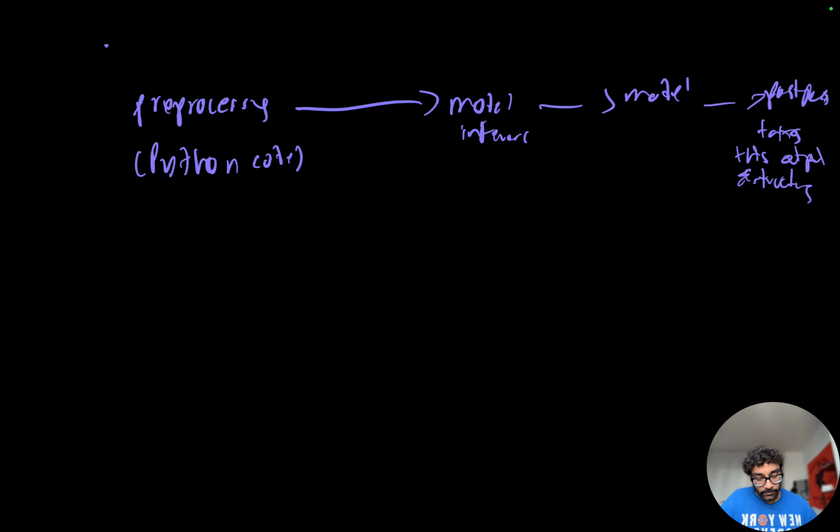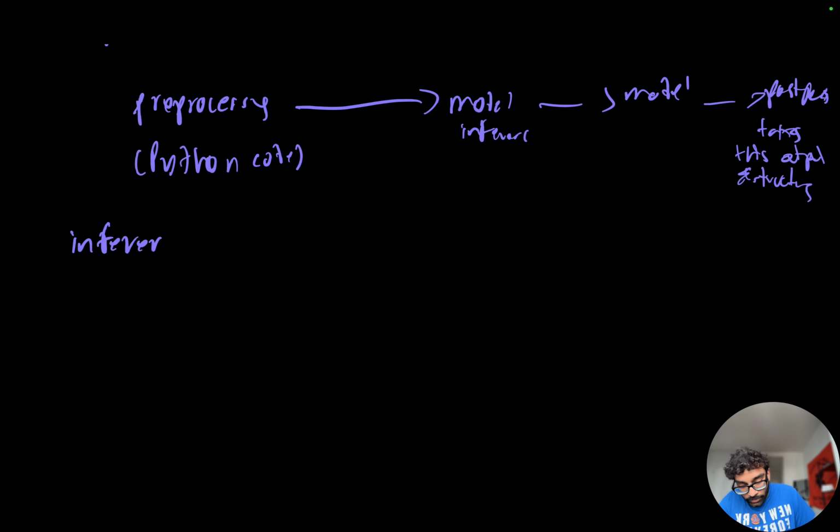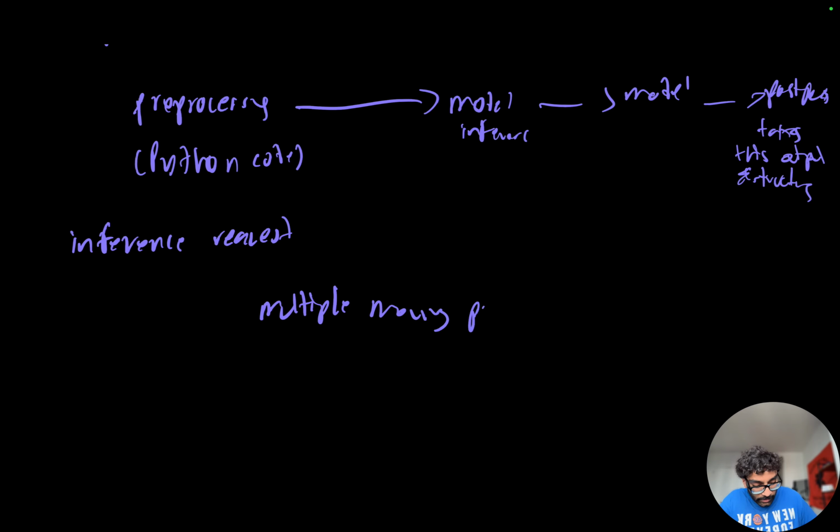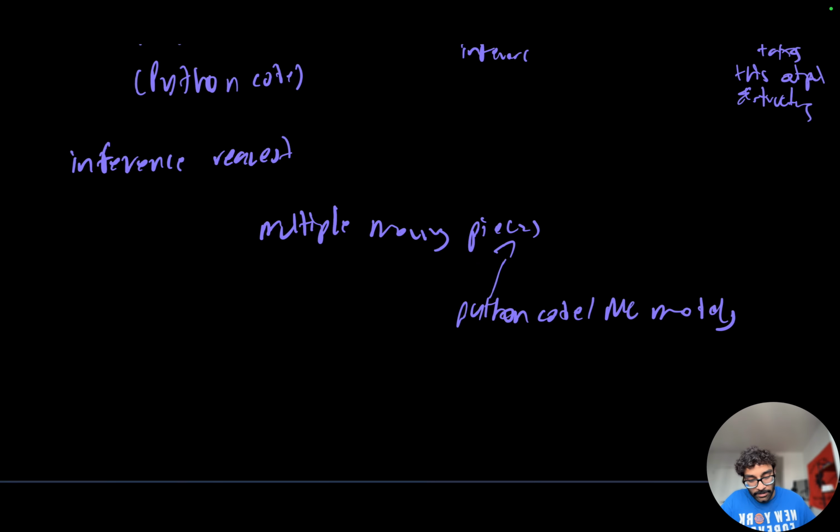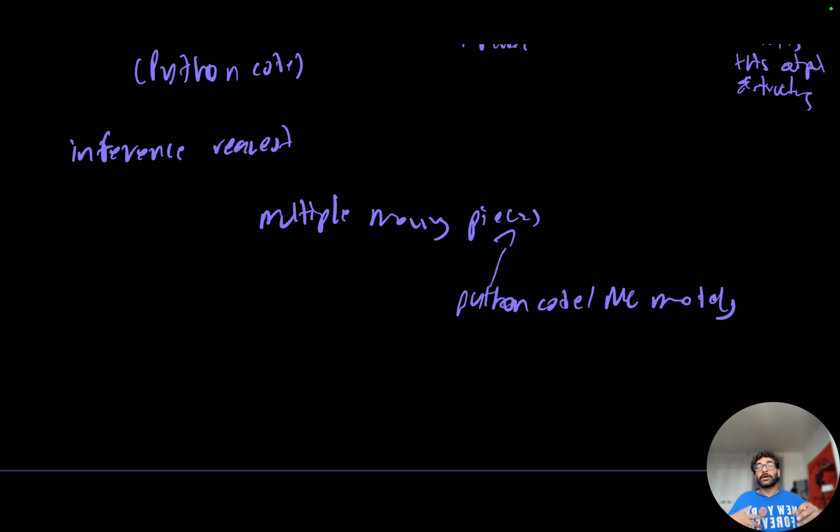So the main essence here, right, is yes, this is technically one inference request, but in reality, there are multiple moving pieces, and these pieces can be both Python code or various ML models working together. So we have these independent units that compose this singular workflow that we want to hit, basically.